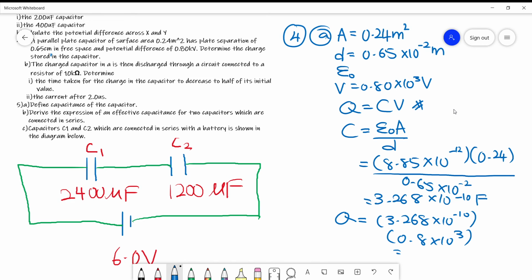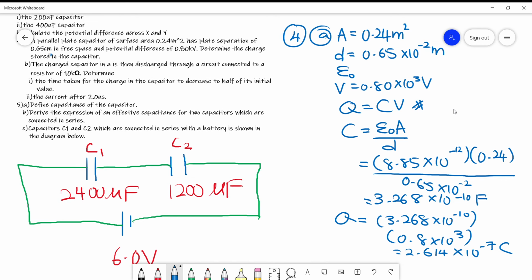So the final answer for the charge is 2.614 times 10 to the power negative 7 coulomb. So this is the final answer.